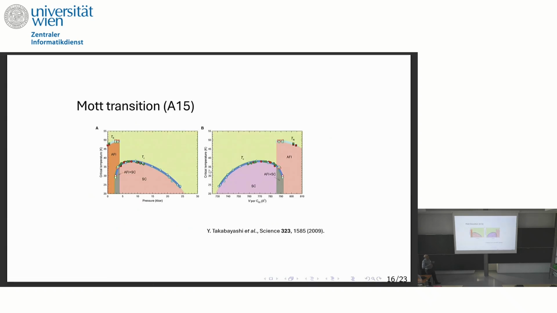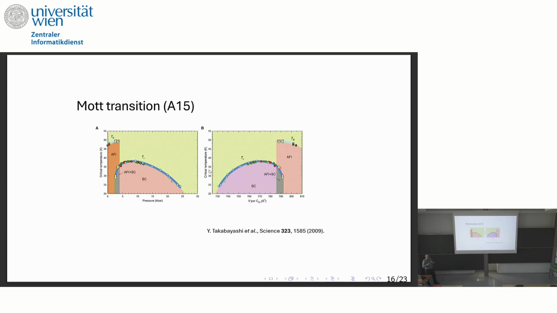Cesium-doped C60 at ambient pressure is very close to the verge of a Mott-Hubbard insulator, and it gives the highest superconducting temperature, about 38 K. Basically, it's a high-TC superconductor.